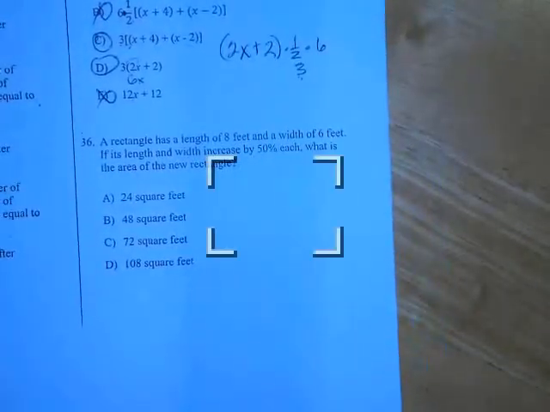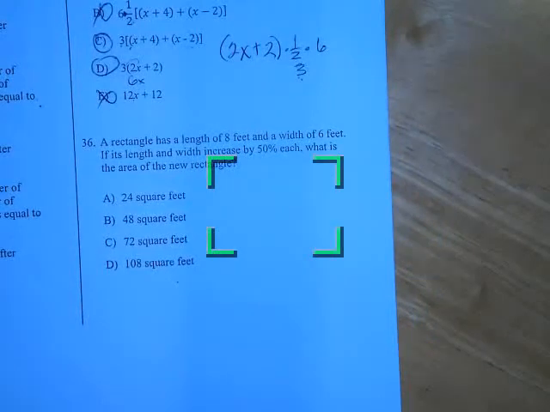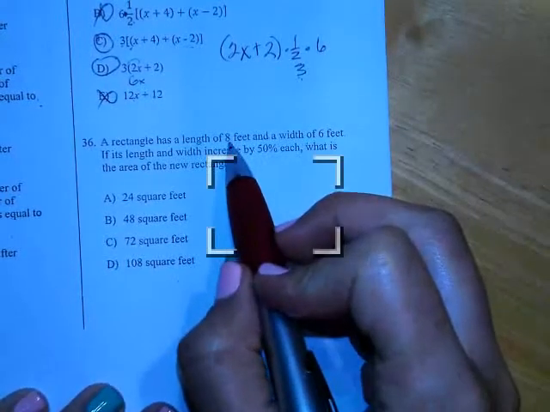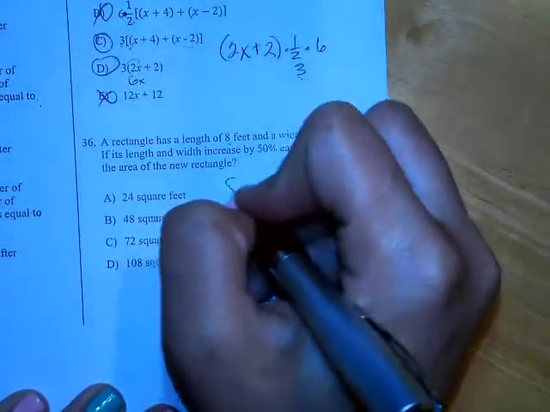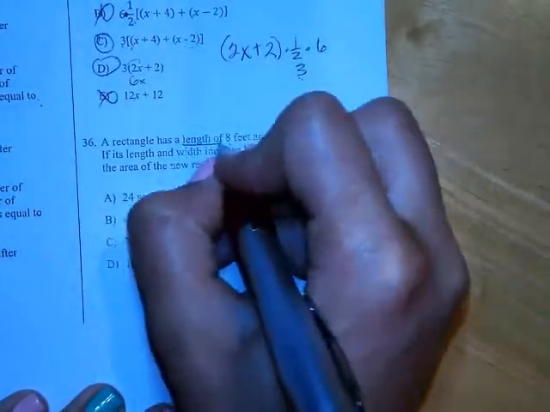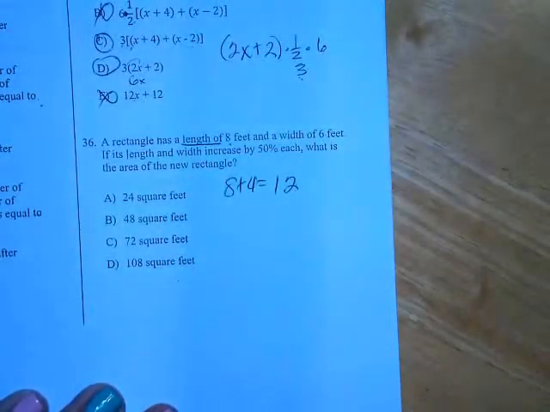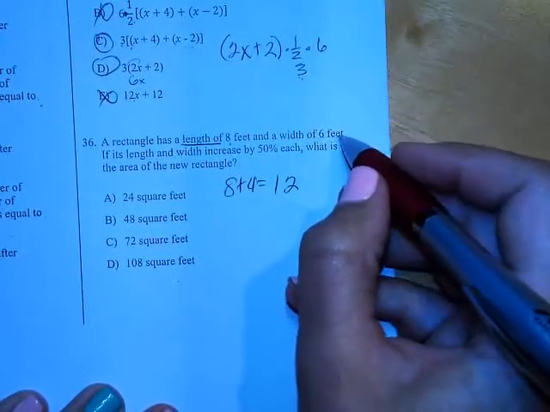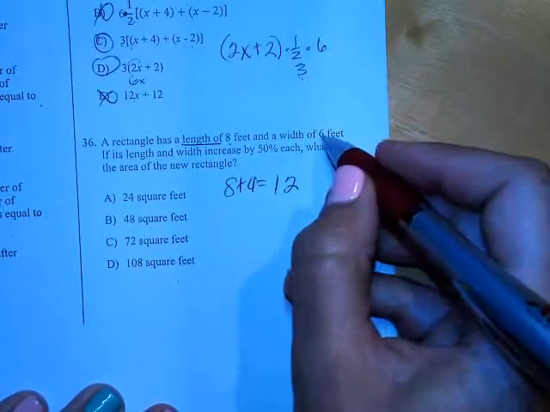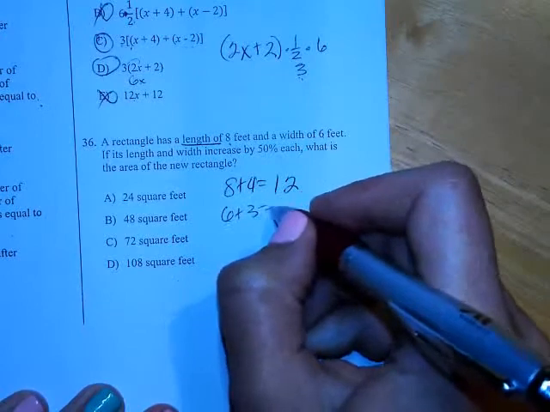A rectangle has a length of 8 feet and a width of 5 feet. If its length and width increase by 50%, what is the area of the new rectangle? Well, what's 50% of 8? 4. So 8 plus 4 makes the new length 12. 50% of 6 is 3. 3 plus 6 is 9.